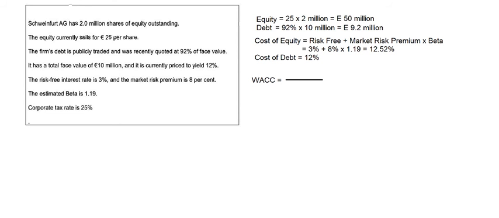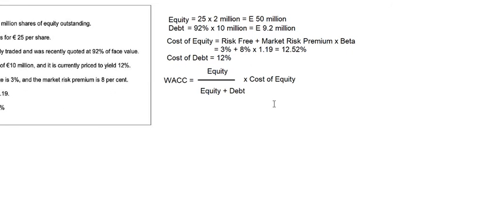So in here we have equity divided by equity plus debt, multiplied with cost of equity, and we have plus again.